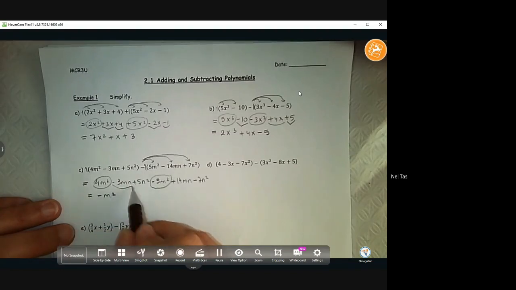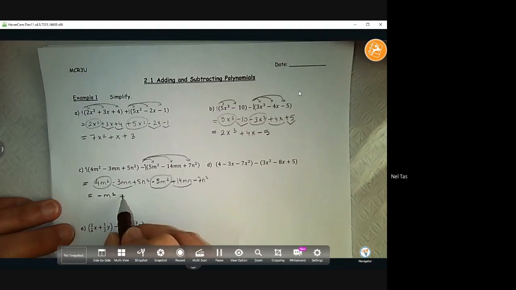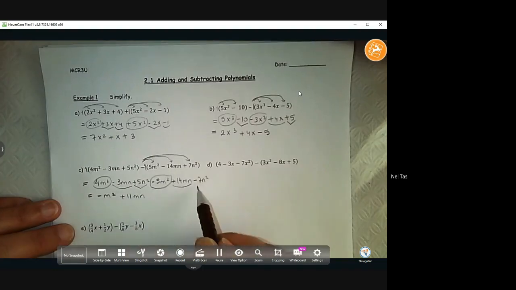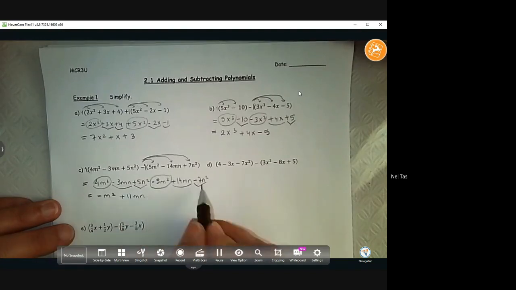Negative 3mn plus 14mn is 11mn. We have positive 5n squared minus 7n squared. So negative 2n squared.